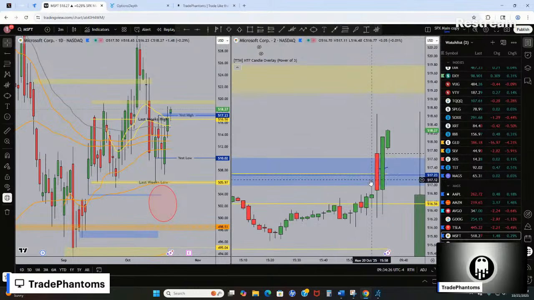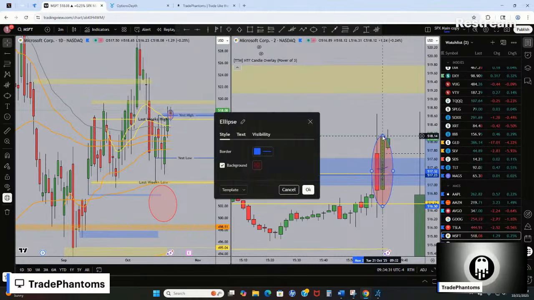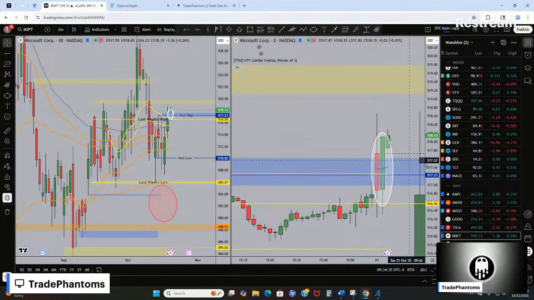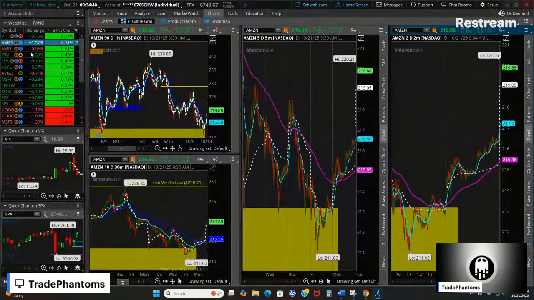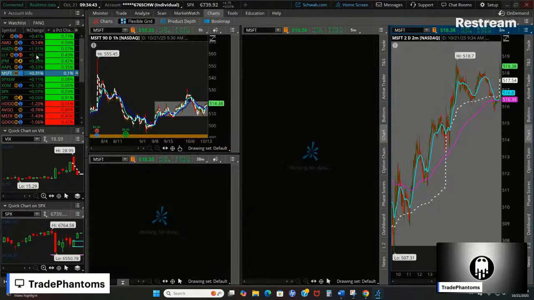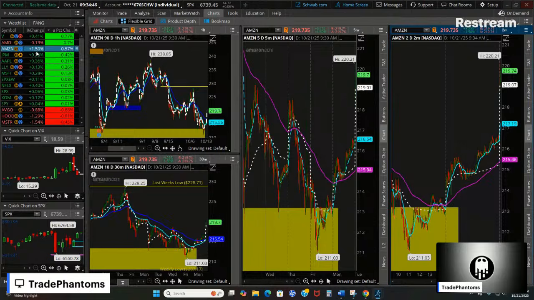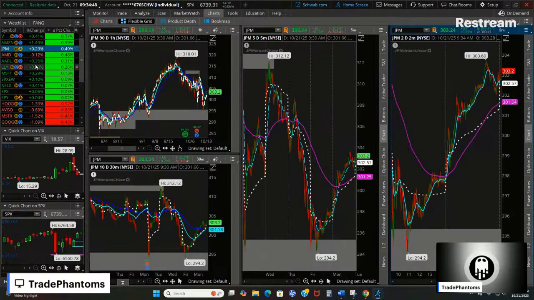Got out of that 2-minute wide range bar. This bar, the 2 just got fairly interesting. Again, not the greatest setup in the world, but definitely one of the ones that is up here. It's fairly decent.